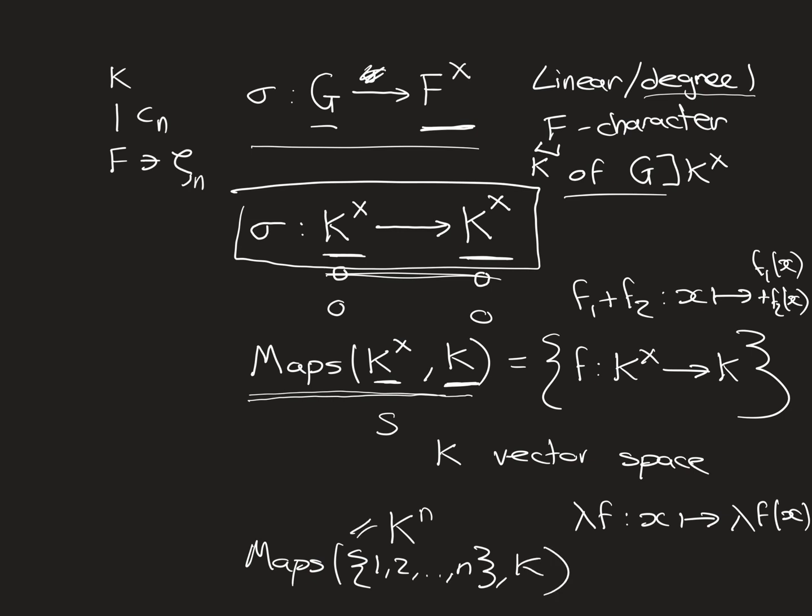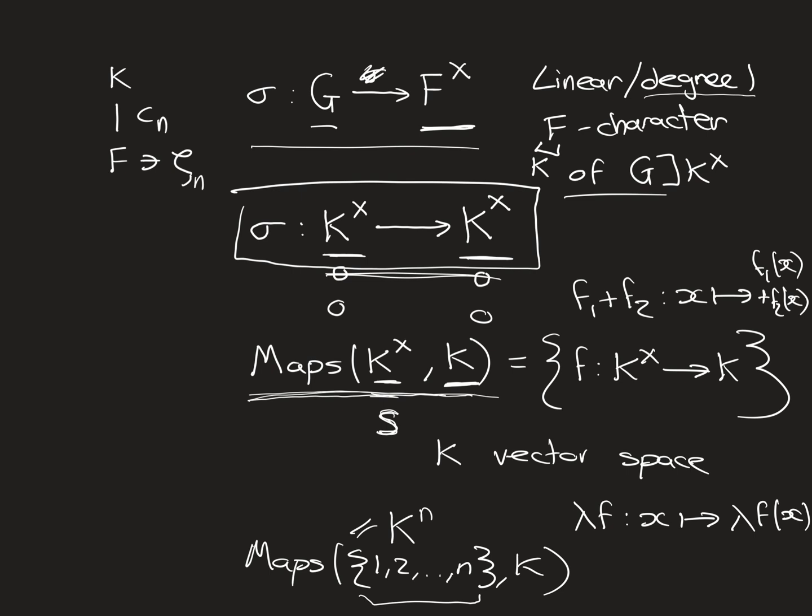So now all we're doing is potentially allowing the set to be infinite, potentially even uncountably infinite, as in the case of this k cross. You can stick whatever set you like here, and it still remains a k linear space. So the set of all maps from k cross to k is a k linear space.